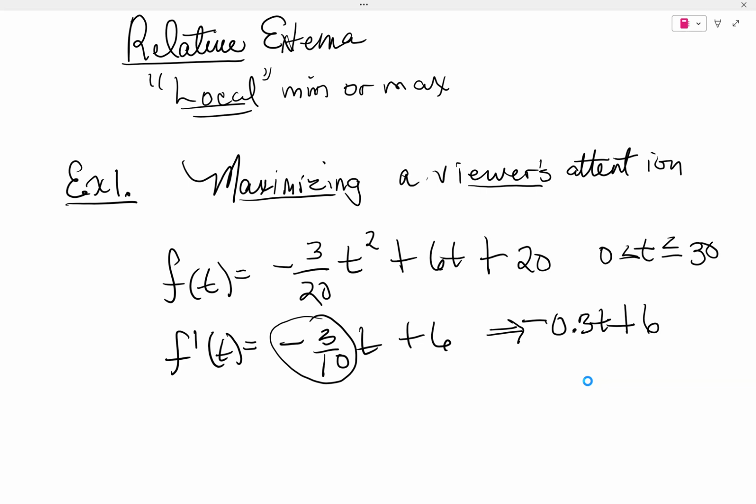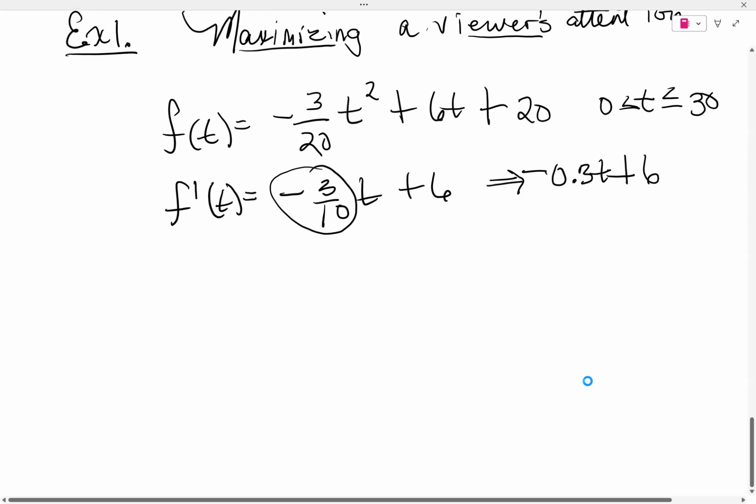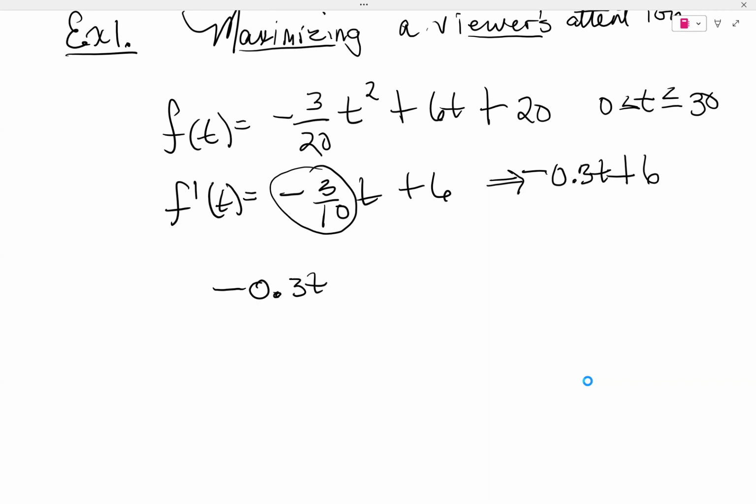If we solve for t, we have negative 0.3t plus 6 is greater than 0. If I subtract the 6 on both sides, I have negative 0.3t is greater than negative 6. And therefore, at approximately t equal to 20 minutes, that's where the viewer is likely to be paying attention.